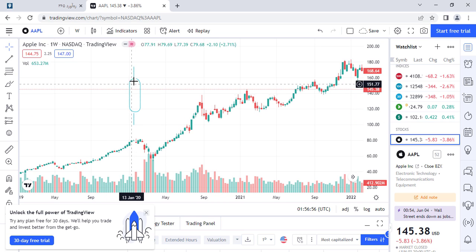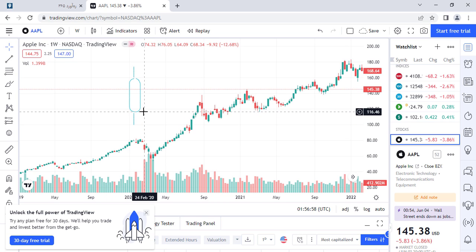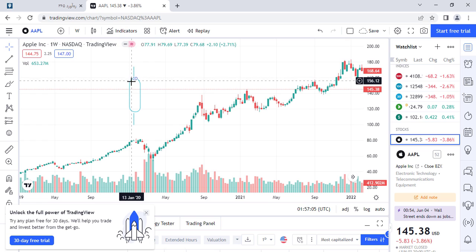So we have a body in an increasing candle. Price opens from here and closes here, and in that day the price comes here, the lowest price is here $100, and the highest price is here $175.